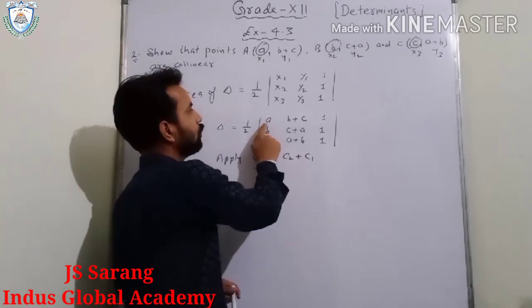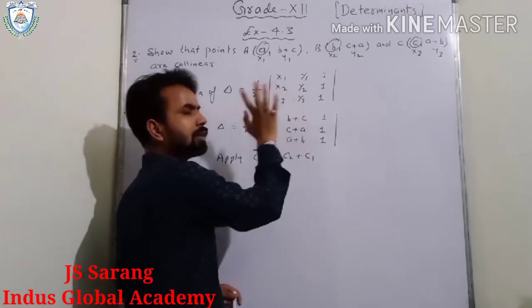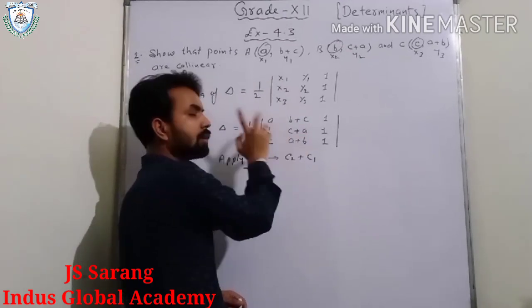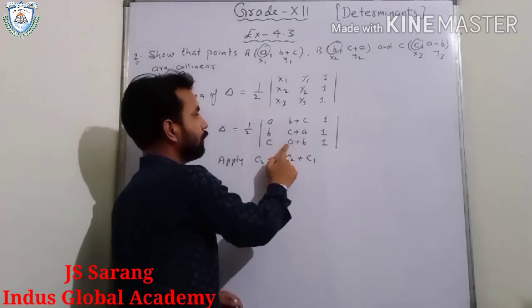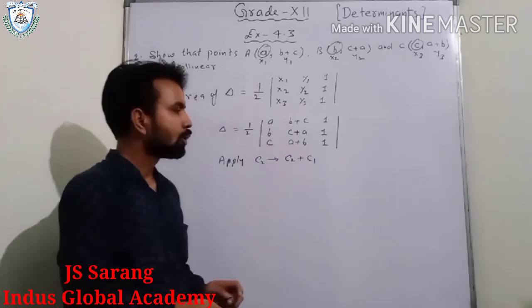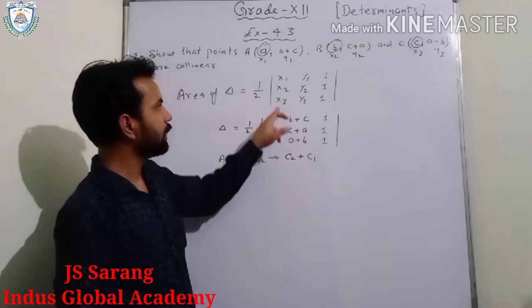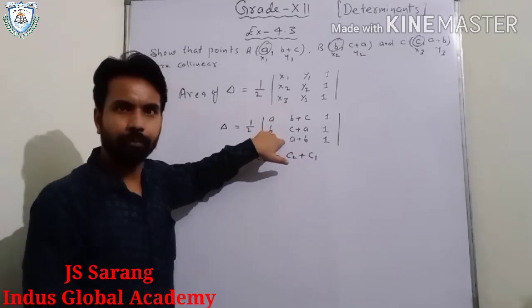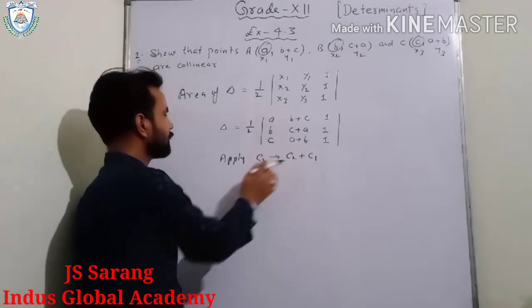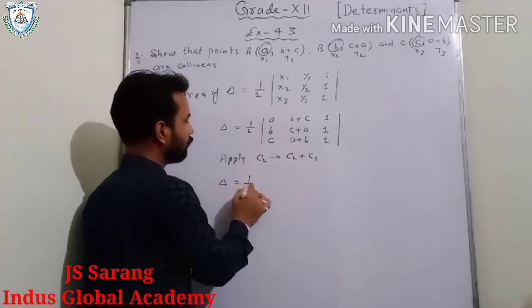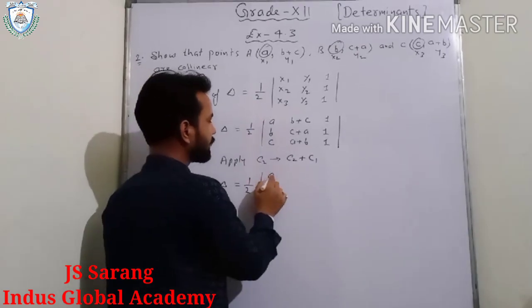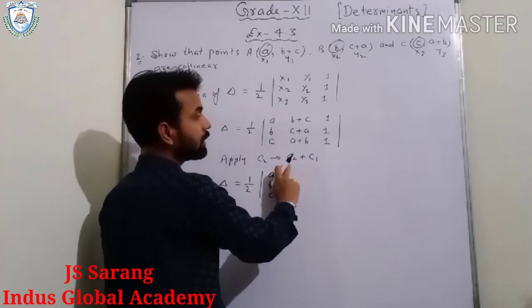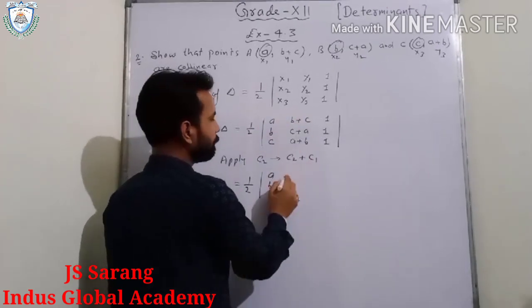C2 plus C1, so C1 is A, and we get A plus B plus C. If we add here, we get A plus B plus C, and if we add here, we again get A plus B plus C. So if we apply this operation in the second column, all the elements of the second column will be the same. Understood? So I am applying this. Delta equals 1 by 2, first column remains the same, A, B, C. In the second column we apply C2 plus C1, so A plus B plus C.